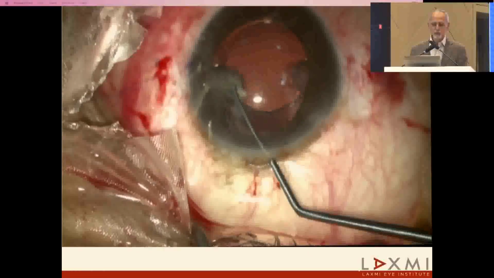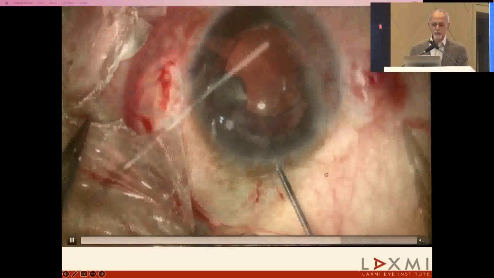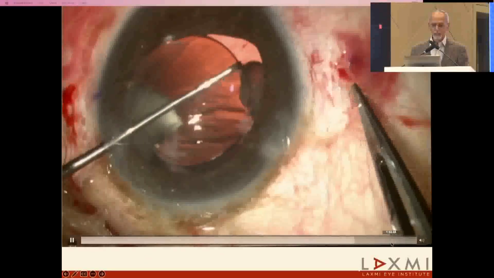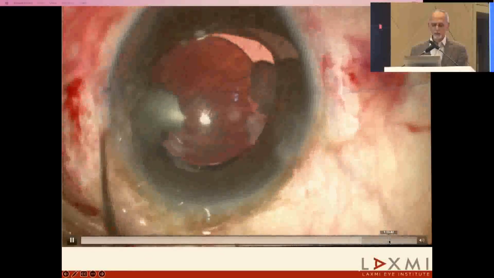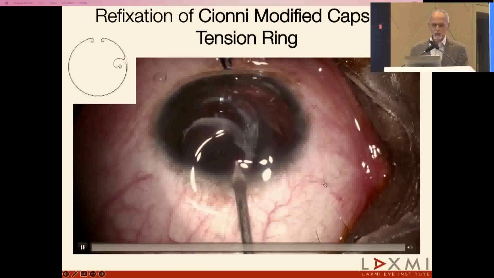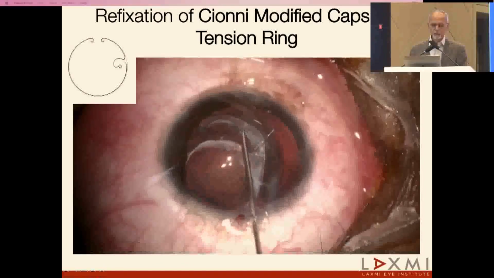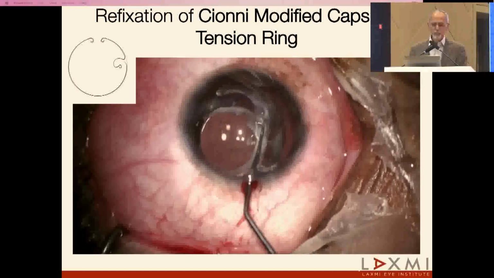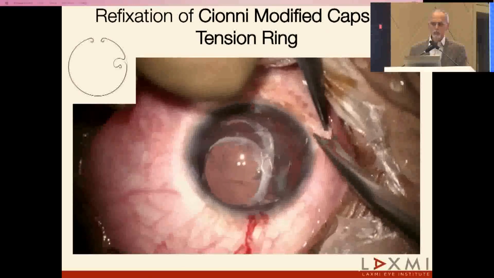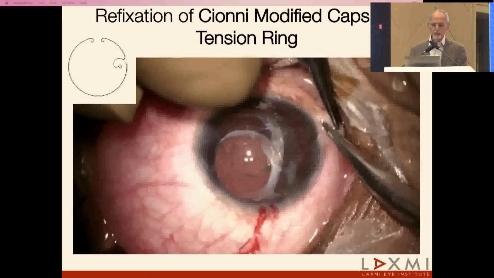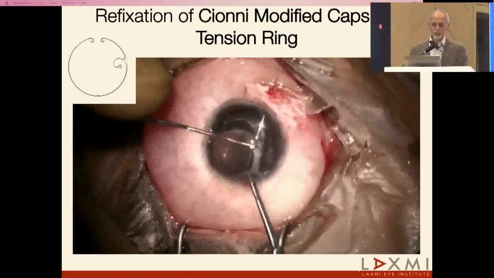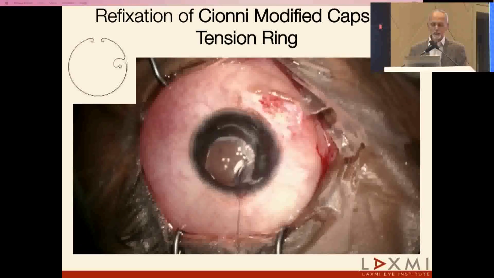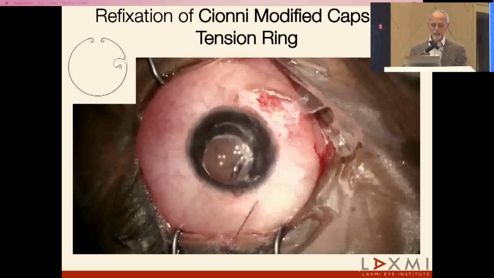So this is one way where, without getting the lens out, the lens can be fixed. This is an interesting case where several years before, the bag was salvaged using a Sionis ring, and as expected, 8 years after, the tenon suture gives way and the lens dislocates anteriorly.